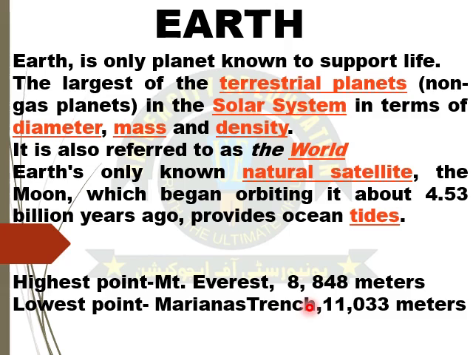Whereas the lowest point in the ocean is the Marianas Trench with a depth of 11,033 meters. Here you can see that on our Earth there are the highest peaks and the lowest bottoms of the oceans.